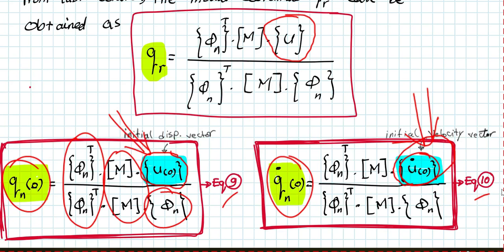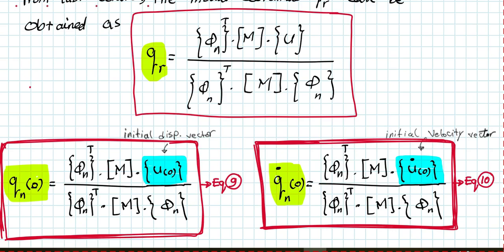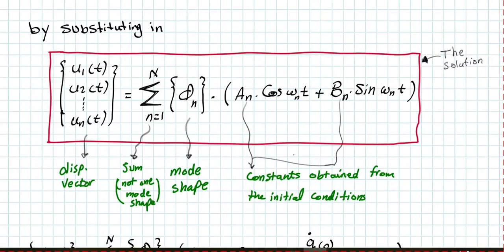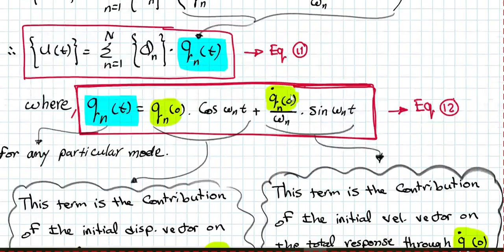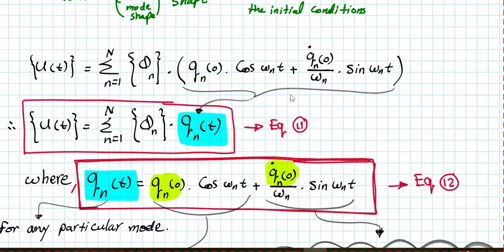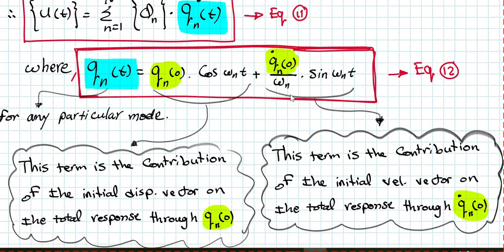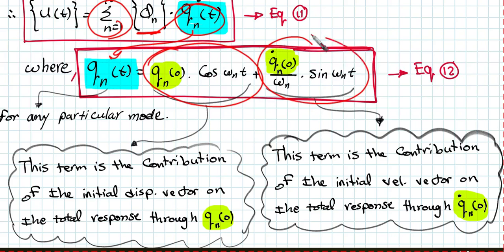Then after that, we solve our equation, and we found that it can be solved easily with this qn(t). We said that qn(t) is going to be multiplied by the mode shape under the summation, and then this qn(t) is represented by two different terms.